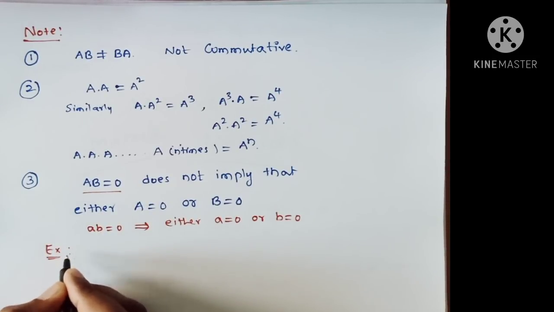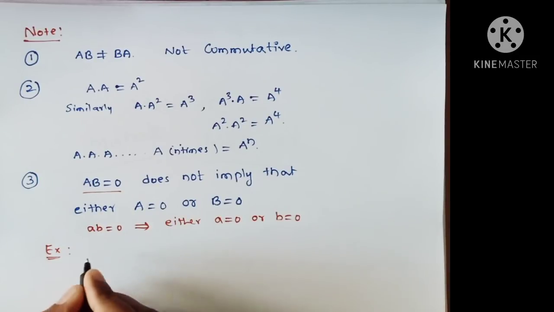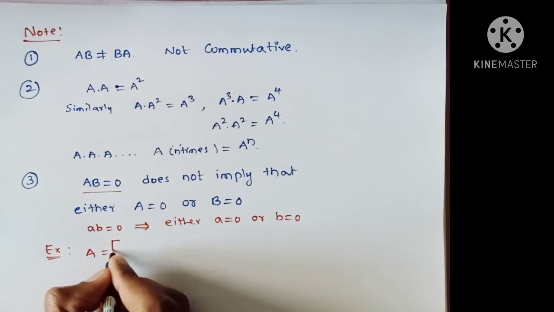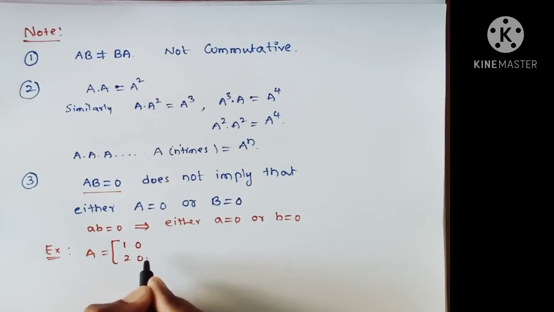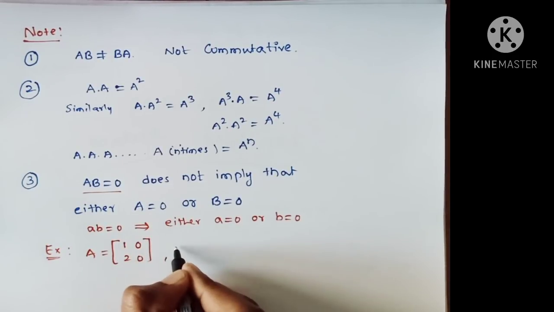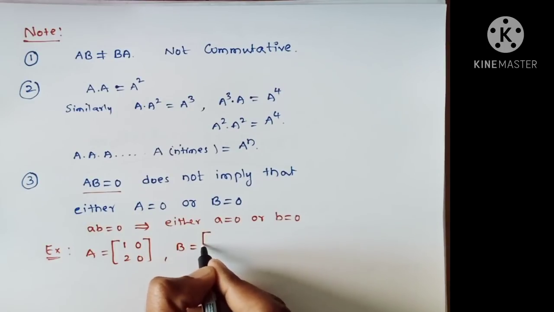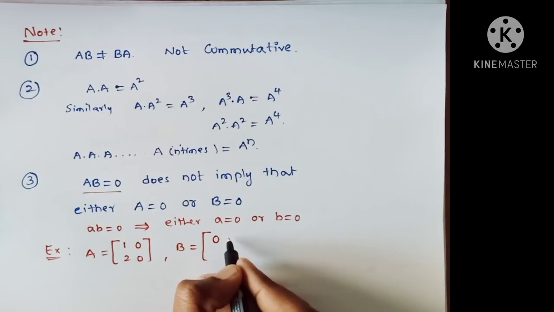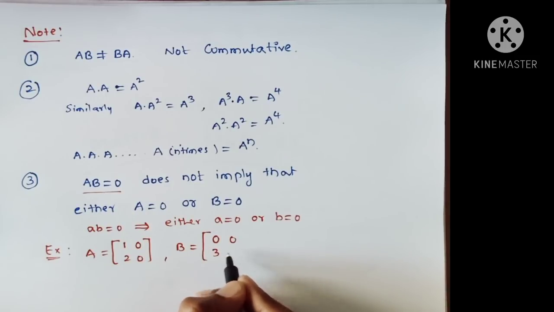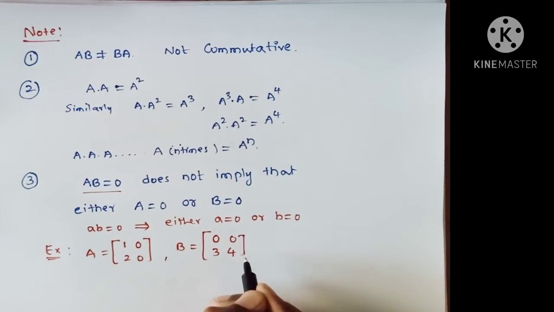For example, let us consider A is a matrix of order 2 with the entries 1, 0, 2, 0. And B is equal to 0, 0, 3, 4.